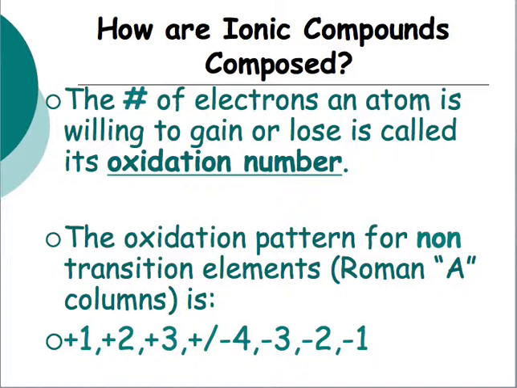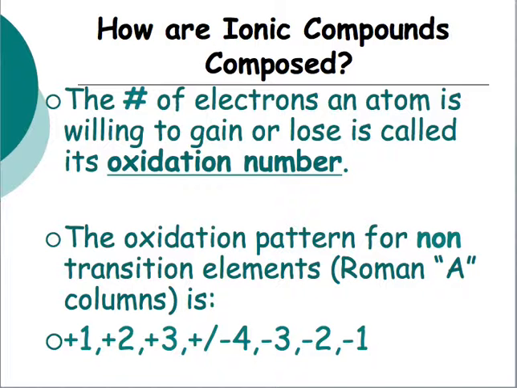There is a pattern on the periodic table for those non-transition metals, meaning the families that have the Roman numeral A for their columns. Column 1A has a +1 charge. Column 2A gets a +2 charge. Column 3A gets a +3 charge. Column 4A, or 14 on the periodic table, has a positive or -4 charge.